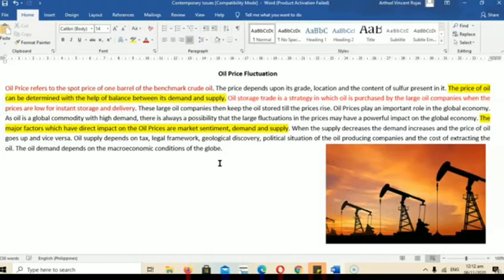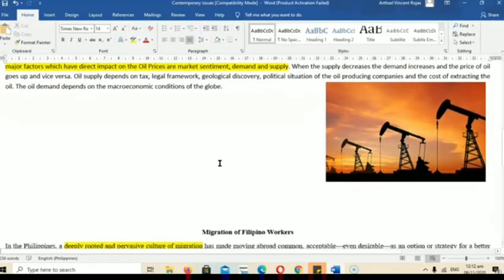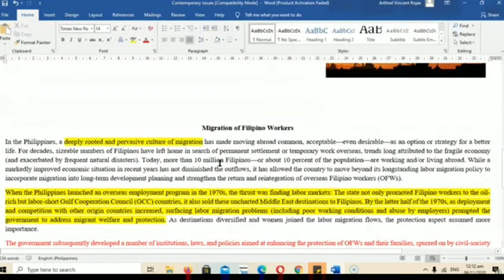Now, aside from the oil price fluctuation, we also have the migration of Filipino workers. But that doesn't mean that only Filipinos are the only race or nationality that goes for migration. There are also a lot of races, a lot of nationalities that have this migration.